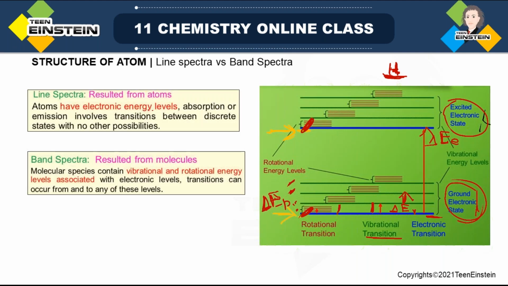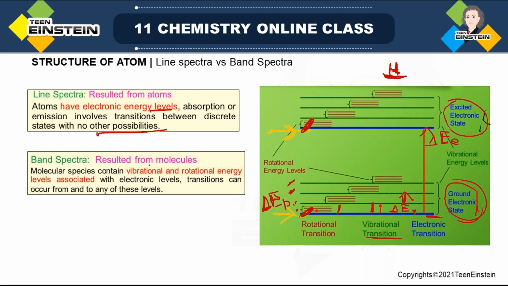Atoms have electronic energy levels, not rotational or vibrational. So here absorption or emission involves a transition between discrete states, and there is no other possibility. If it is absorption, that means the electron goes from the ground to a high energy state. If it is emission, it is the opposite process, from high it goes towards the ground state.